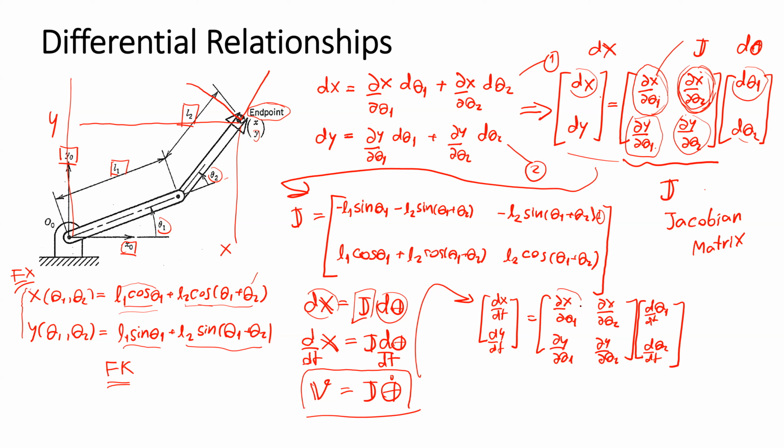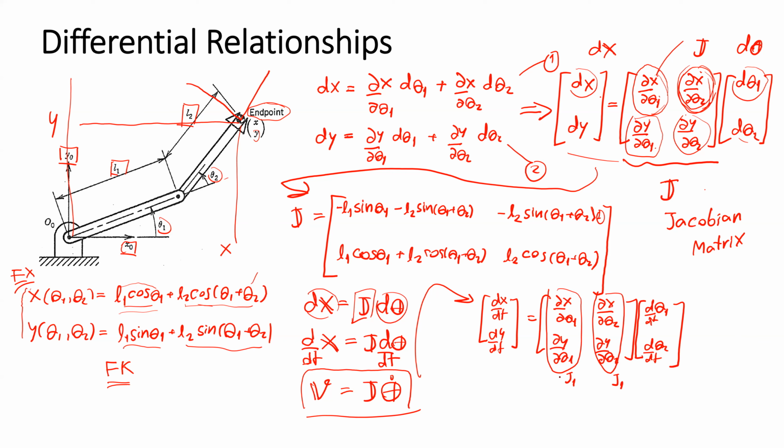The first column and the second column of the Jacobian, if we name them as vectors J1 and J2.